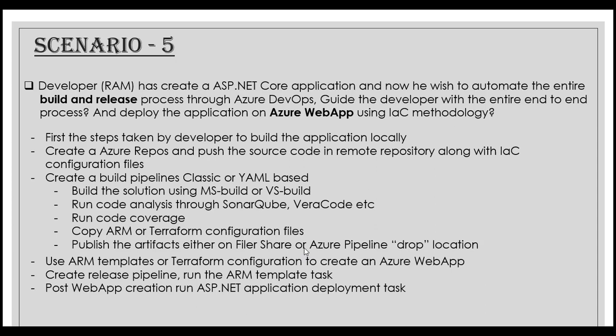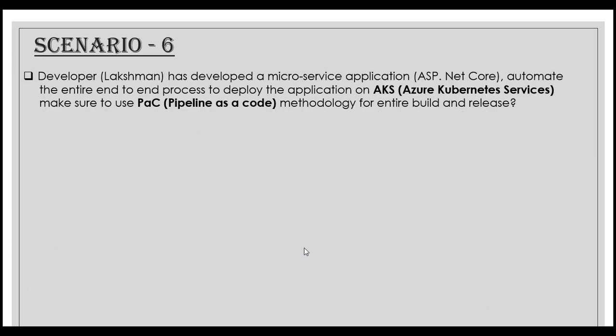So this is very similar to my previous scenario, wherein I was building a .NET application. The only difference is now we are deploying this .NET application on Azure Kubernetes Service.